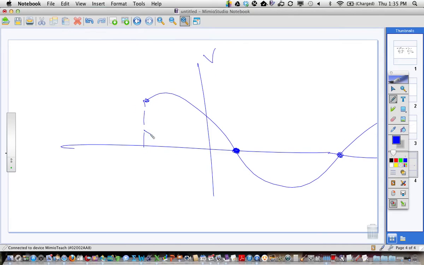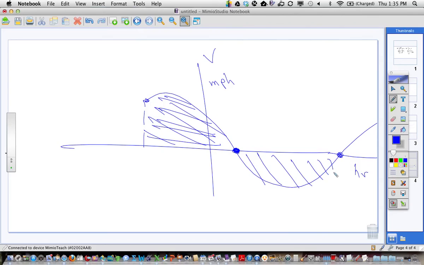What would this area represent here? The distance it traveled. This would be miles per hour up here, and hours down here. As we did at the beginning of the year, area is rate times time, miles per hour times hours, which gives you distance traveled. But that's negative. Remember I mentioned displacement? If you add this positive with this negative, that's displacement.